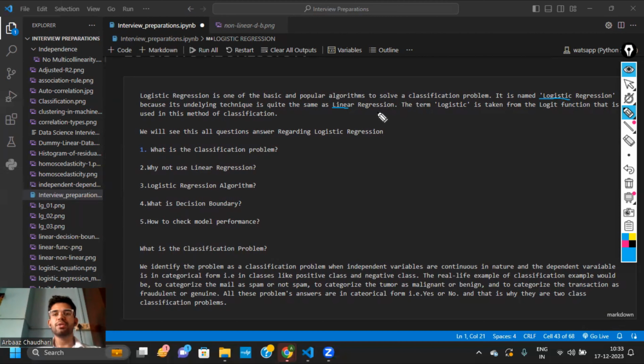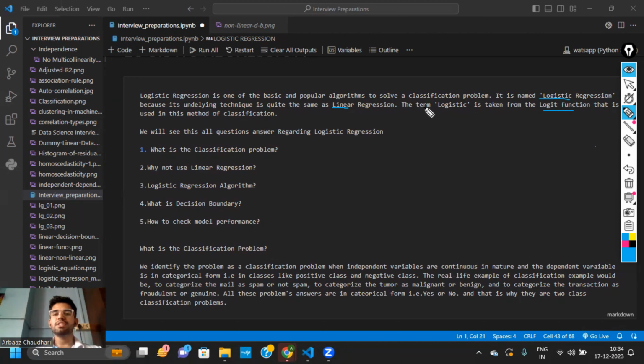The term logistic is taken from the logit function that is used in this method for classification. So how did the word logistic come? Because of this logit function. As the logit function is used in this model, that is why its name is logistic regression.